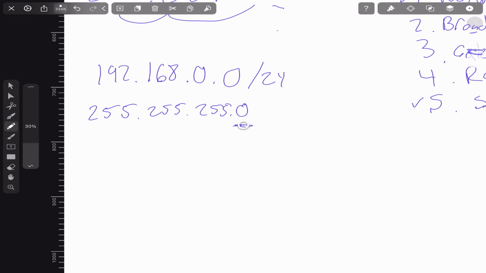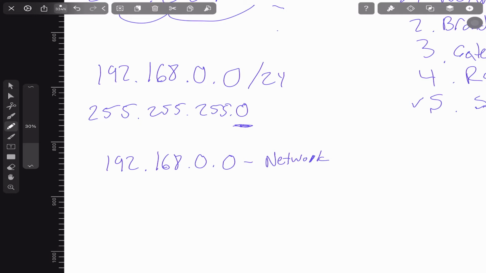Now, we already know here that we're only allowed to use this last set of addresses. So we have 256 addresses that we can use, for the 5 things we want. So we already know the network address. That's going to be 192.168.0.0, our network address for our first subnet.